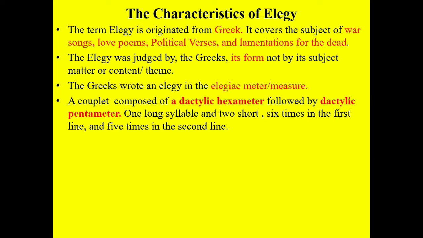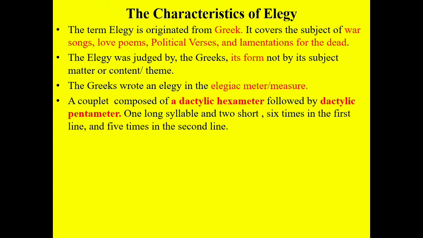So in the first line, the dactylic is going to repeat 6 times, and pentameter means 5 times in a line. Dactylic pentameter means here you will find 5 repeats of dactylic in a line.